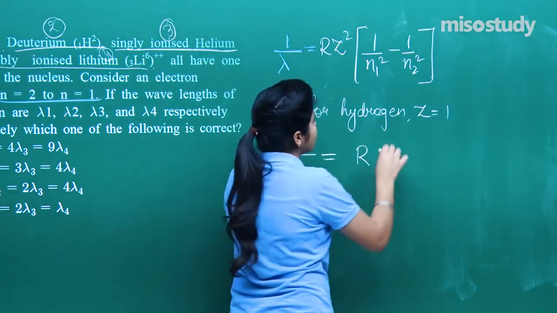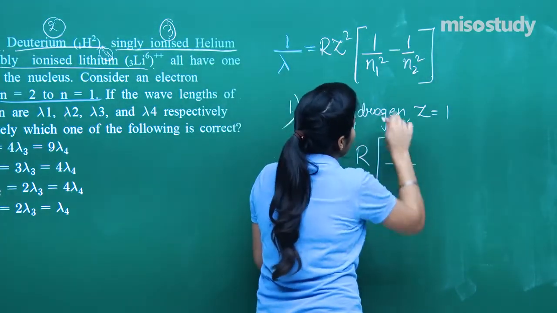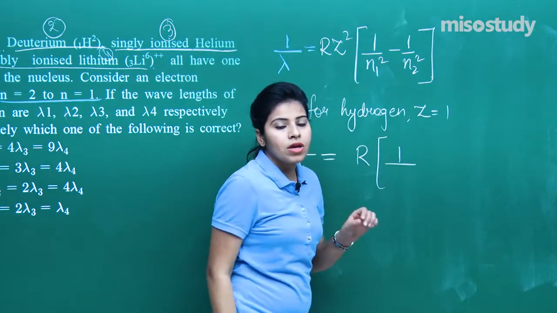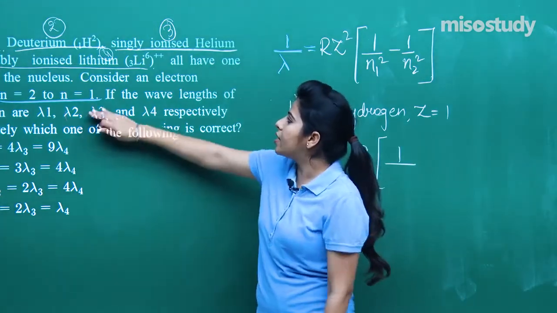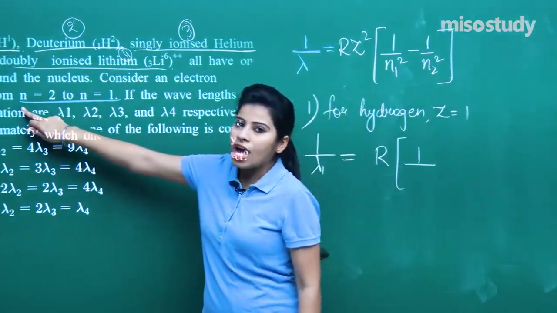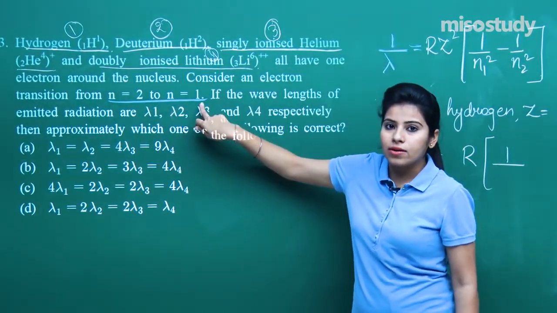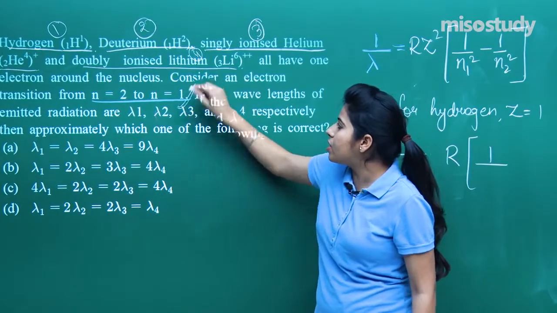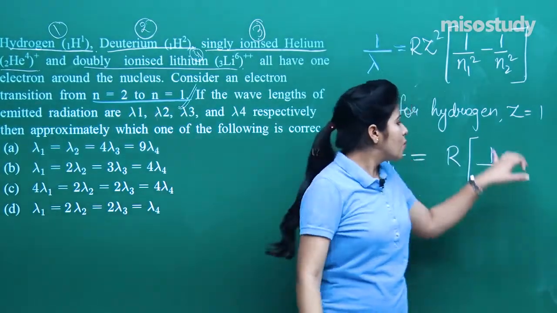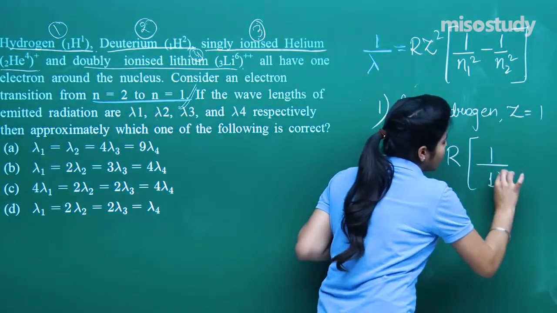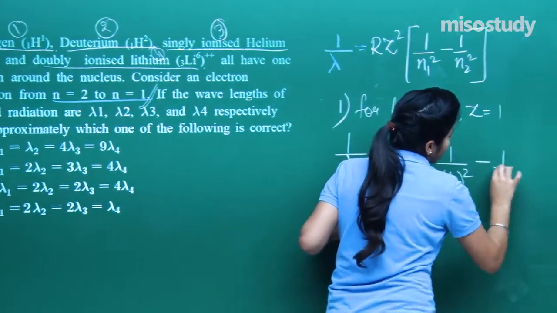The transition is from n equals 2 to n equals 1, so the final energy level is n equals 1. We put 1 by 1 square minus 1 by 2 square.